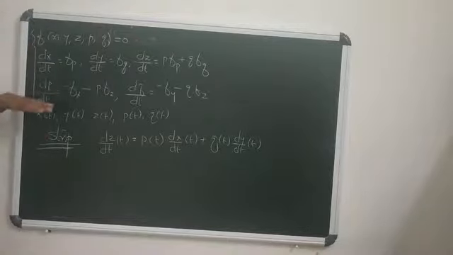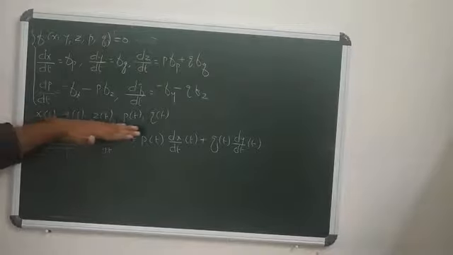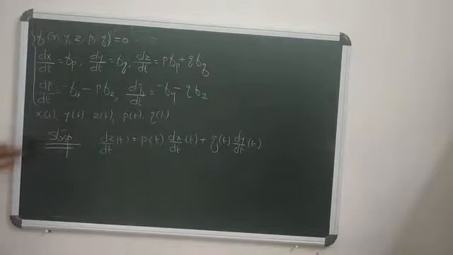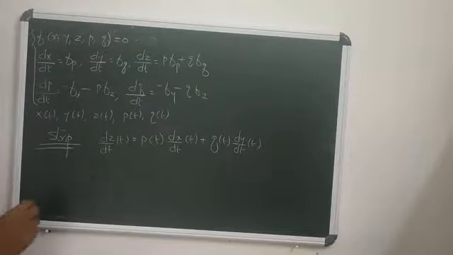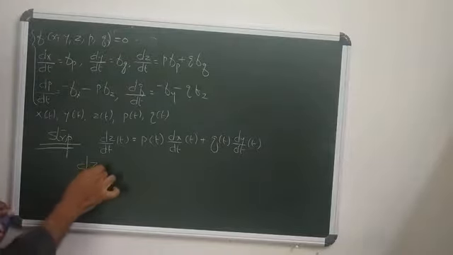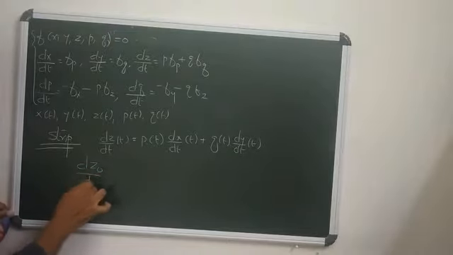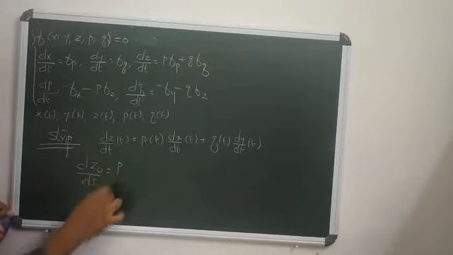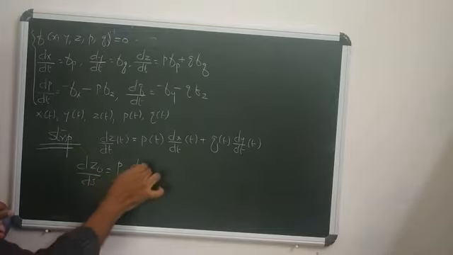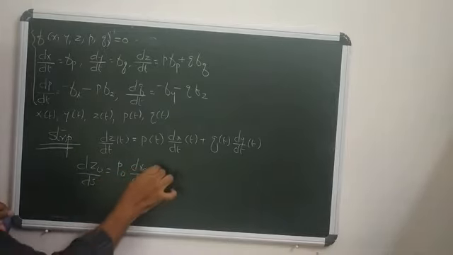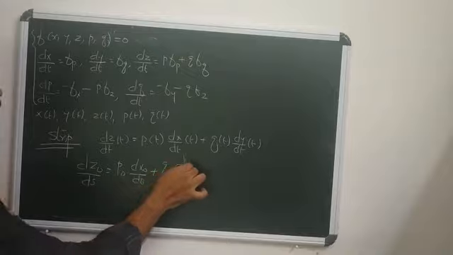If you solve these equations, x(t), y(t), z(t), p(t) and q(t) are interpreted as a strip if they satisfy the strip condition, that is dz by dt is p(t) into dx by dt plus q(t) into dy by dt. Moreover, the strip condition is generally taken as dz naught by ds equals p naught into dx naught by ds plus q naught into dy naught by ds.